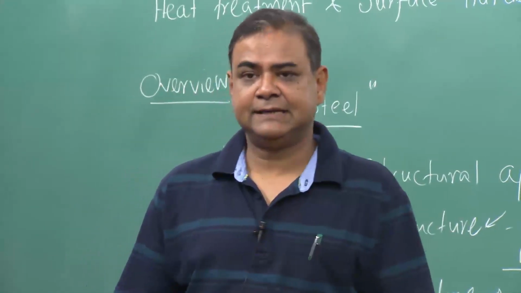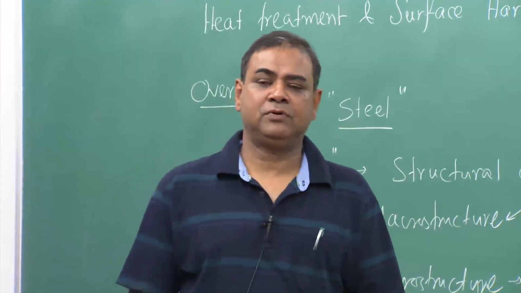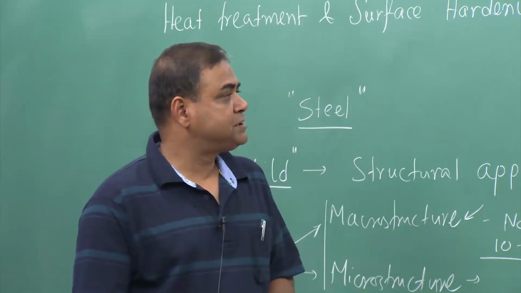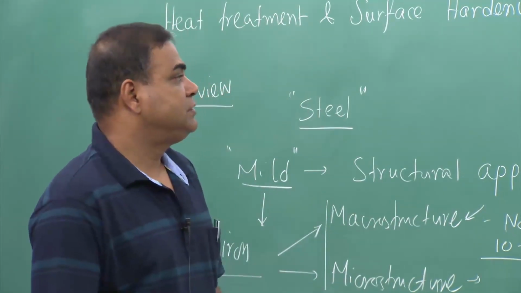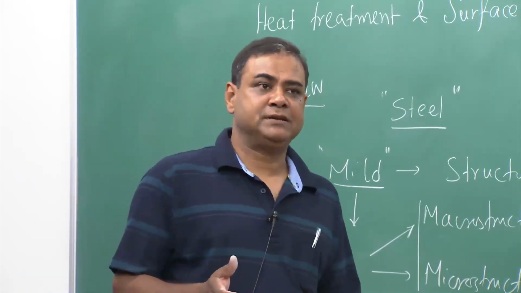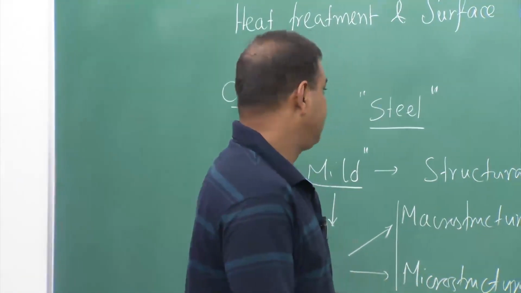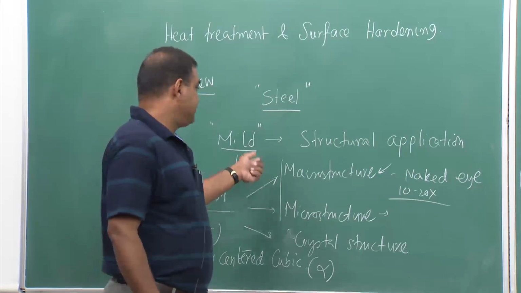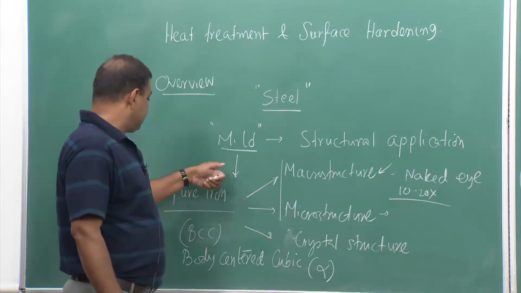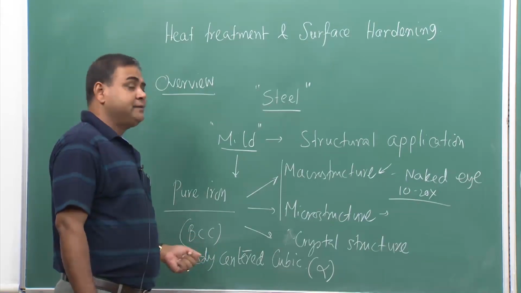Okay, so let us begin from where we left off in our last lecture. In the last lecture, we talked about composition and associated structure in one of those materials called steel, and in steel we talked about mild steel, and then pure iron.